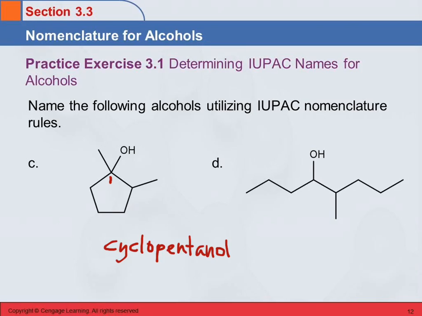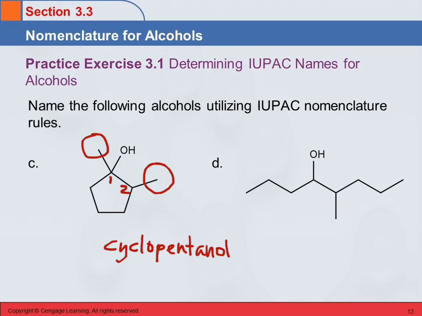Well, what groups do we have here? These look like lines, but those are methyl groups, aren't they? So if we go clockwise, we'll end up with 1 and 2. If we go counterclockwise, we're going to end up with 1 and 5. So we're going to choose the one with the lowest numbers.